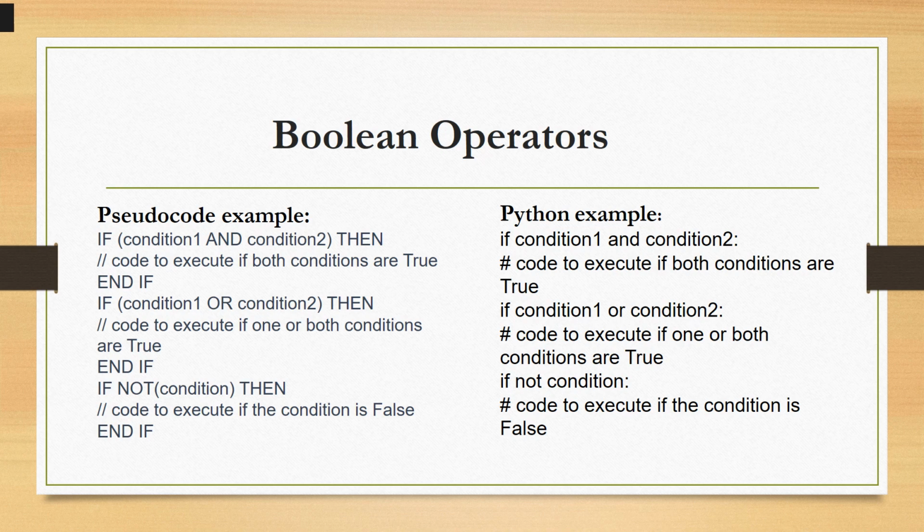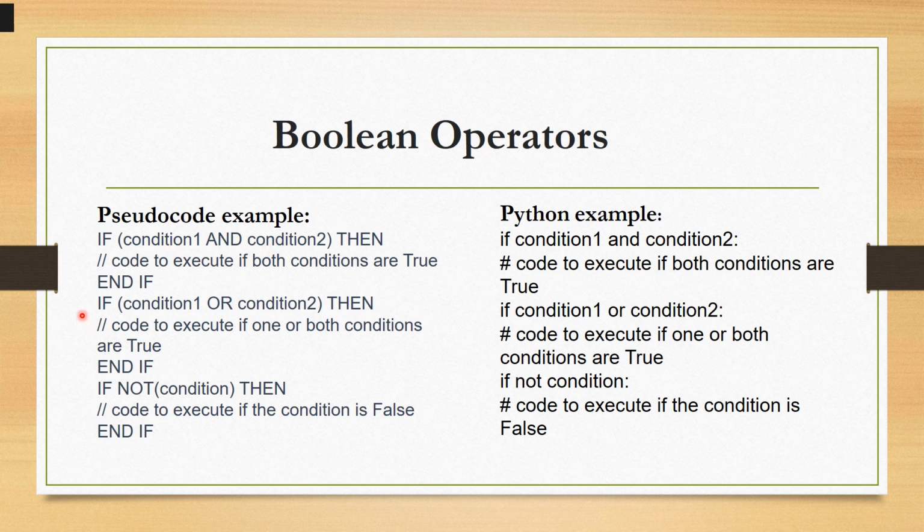In this slide, I have given you an example of Boolean operators. On the left side, in the pseudocode example, I have used one if condition 1 and condition 2. This piece of code will be executed if both conditions are true.